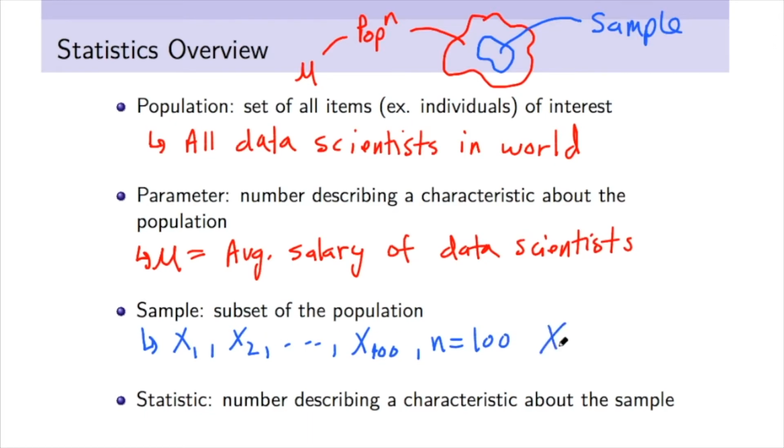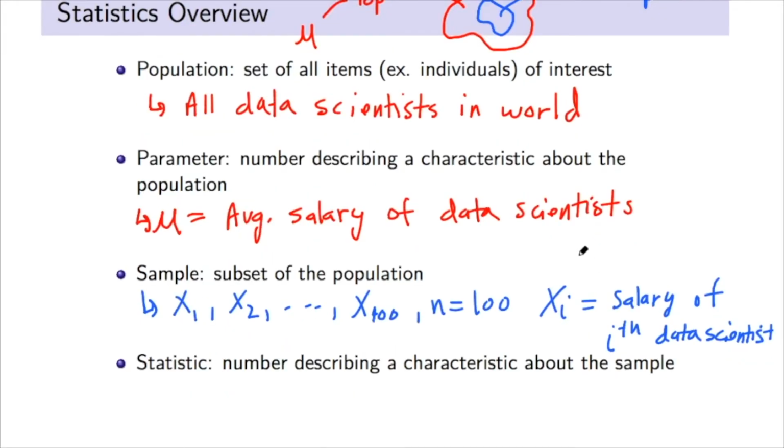So xi is the salary of the ith data scientist. Okay, so that's what the sample is. It's just a subset of the population.